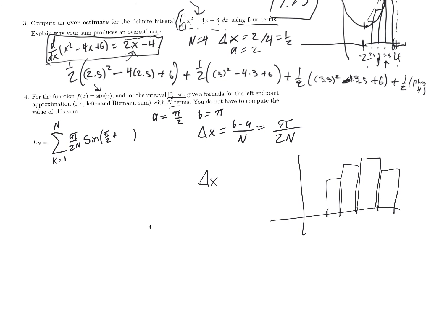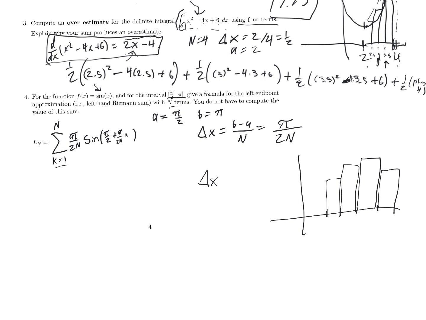This is not accurate, by the way, because sine will not do that. Doesn't matter. How do I do that? Well, this is where I just multiply my delta x by this letter, k. Delta x times k. And delta x was pi over 2n, times k.